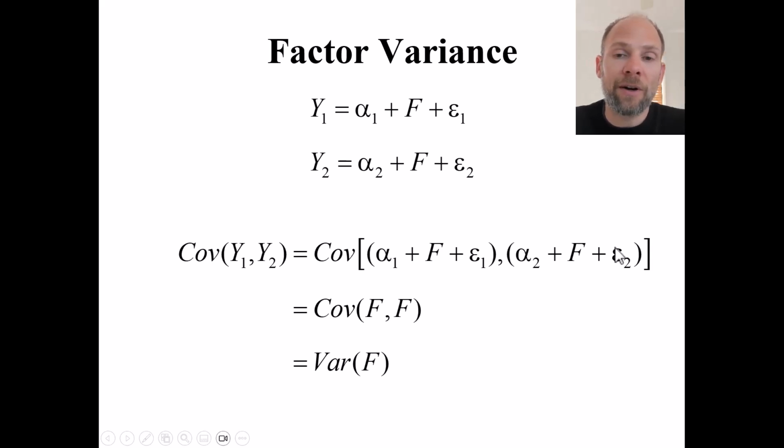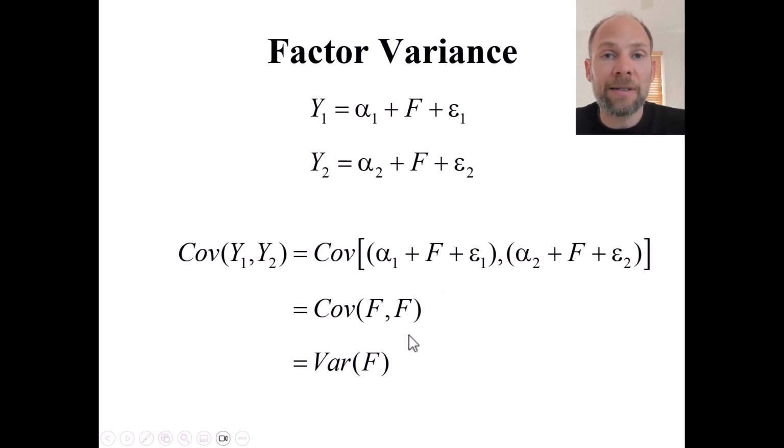So those covariances between f and epsilon also drop from the equation, and epsilon 1 is not correlated by definition, or at least in this model, with epsilon 2. So the error terms are uncorrelated as well here. That is an assumption of this model. And therefore, all that remains at the end is the covariance of f with f when you apply rules of covariance algebra to this term here at the top.